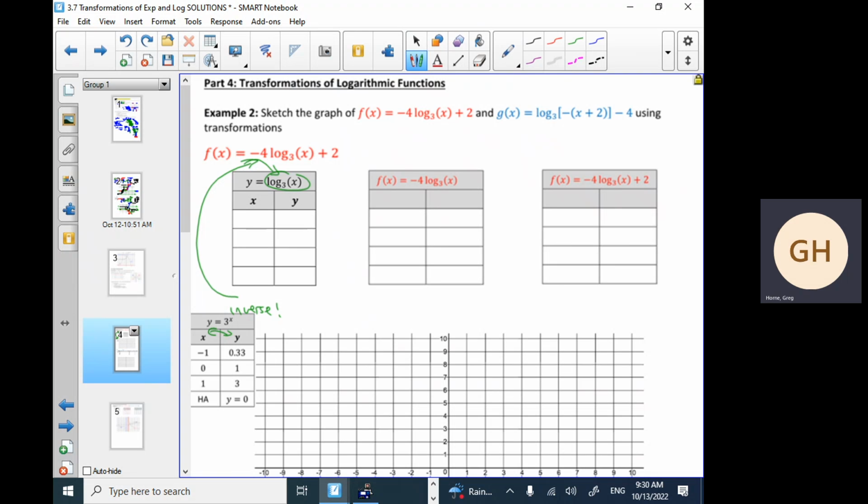And so I can just go ahead and put the point, the reverse version of this, 0.33, and then so I'm going to put this 0.33 all in. 0.33, 1, 3, 0. Corresponding x value, negative 1, 0, 1. That's going to be, in this case, instead of horizontal asymptote, of course, we're switching x and y, so that becomes a vertical asymptote.